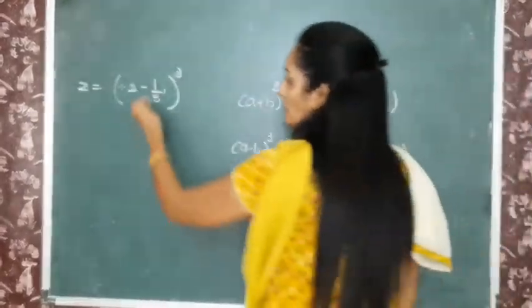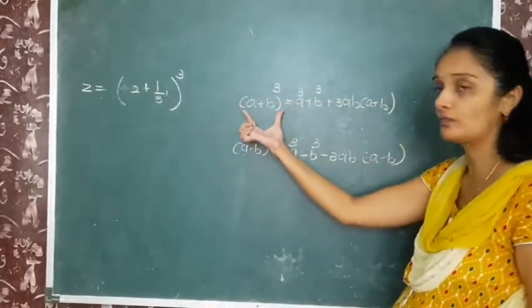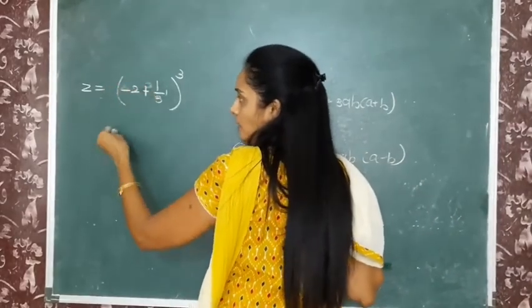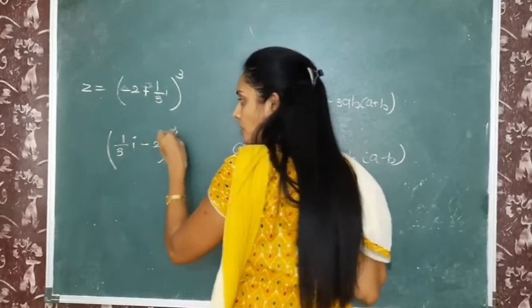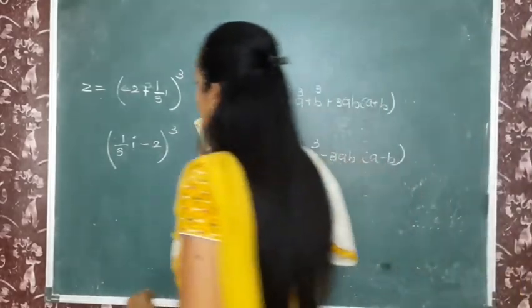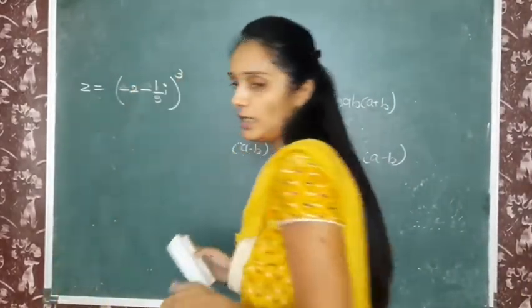Otherwise, if it is given like this, then we write 1 by 3i minus 2 whole cube and apply this formula. But in this sum we have minus 2 minus 1 by 3i.